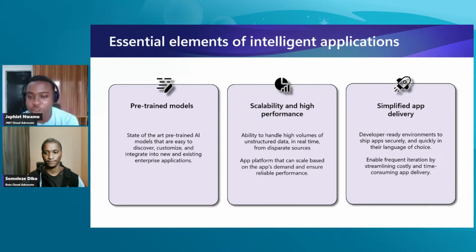It's very easy to utilize it with the power of semantic kernel. And here's what we're here to talk about: how it can benefit you and how you can go on to start building your own intelligent applications using semantic kernel. But Someleze, would you like to talk a little bit about how semantic kernel plays a role in this?